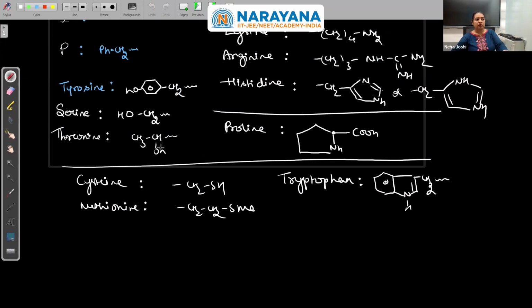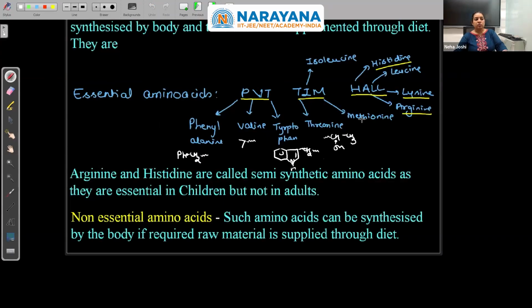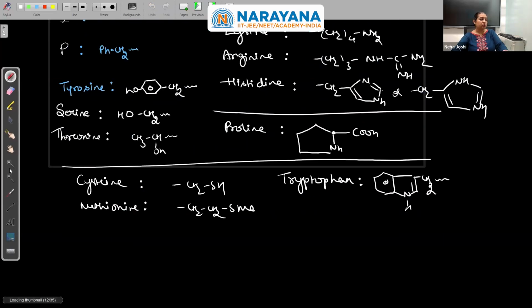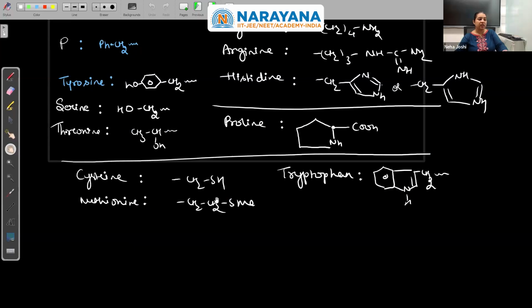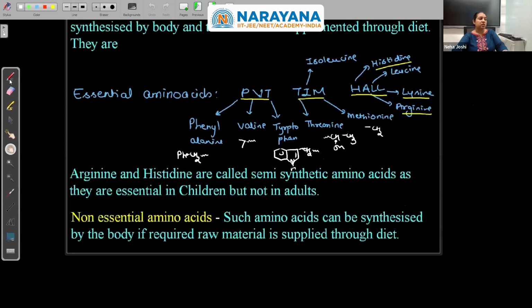CH3CHOH. Take. Then comes the methionine. Cysteine and methionine, I just told you. CM sir. So it was CH2. See, methionine was the sulfur containing CH2, SME, CH2, CH2, SME. Keep writing. जितने बार लिखोगे उतना बार काम होगा.